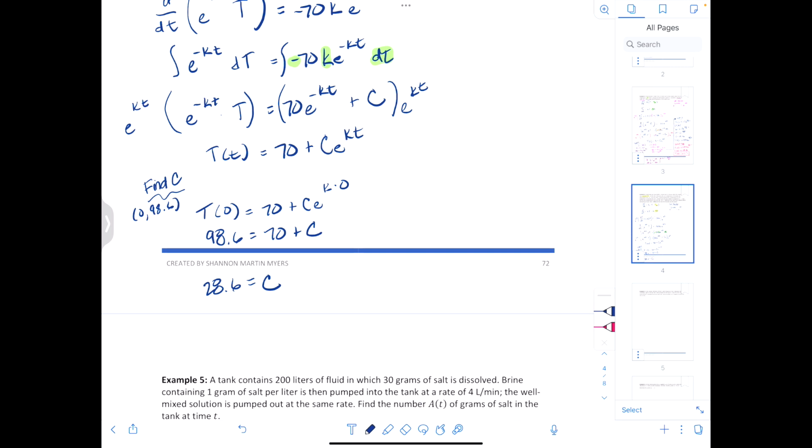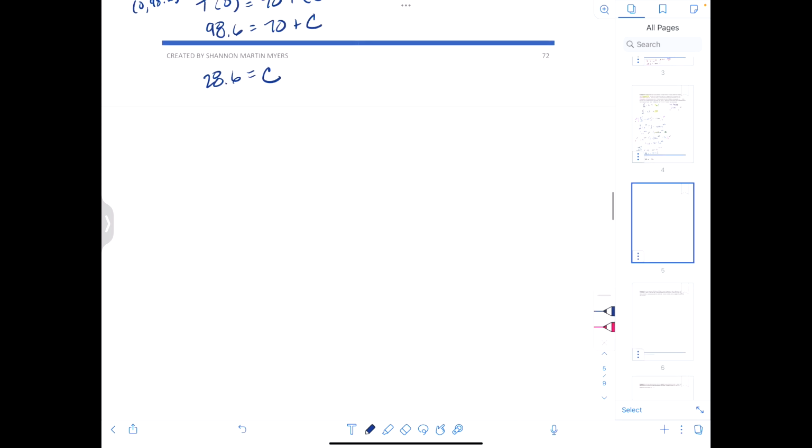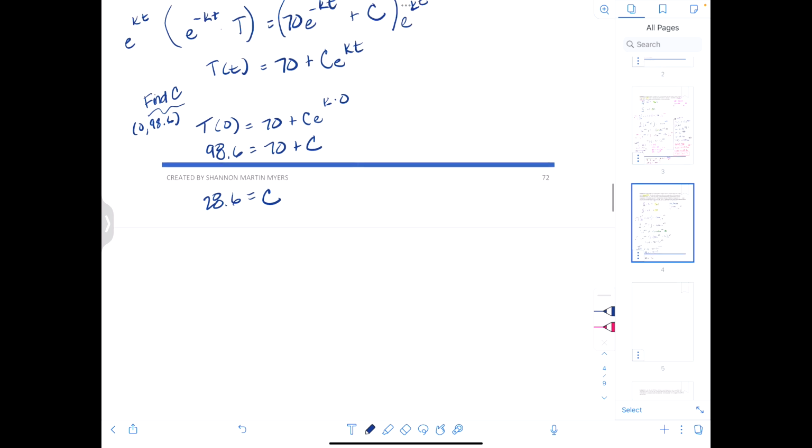So then, now, let's keep it going. I'm going to go ahead and add a page to this one. So now, what do we have? We want to find the temperature of the body when it was found.